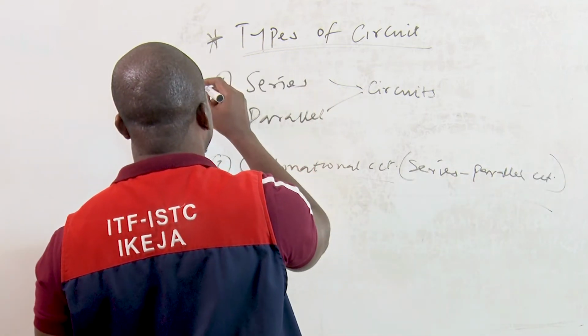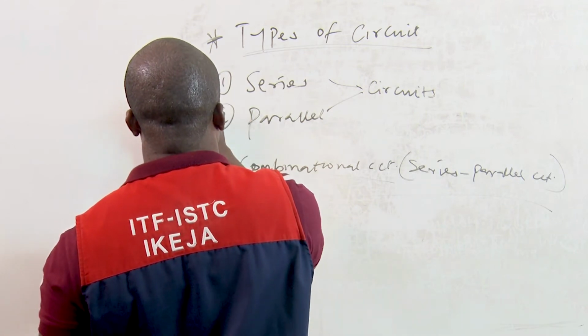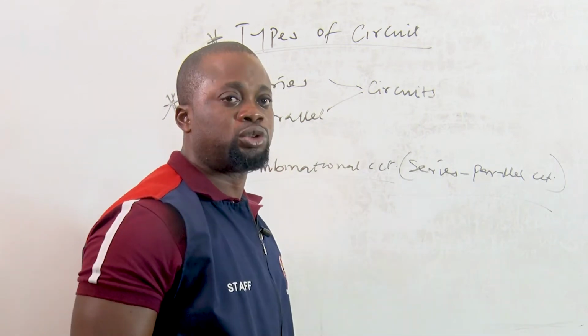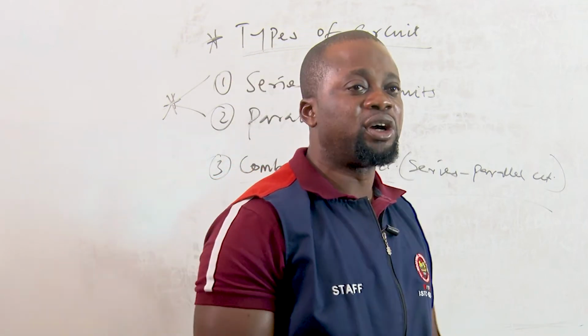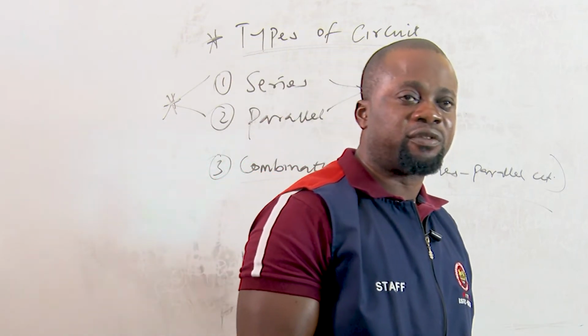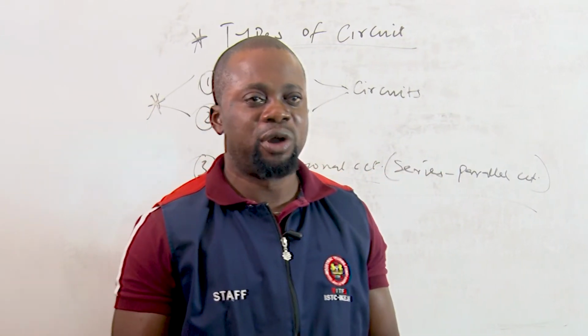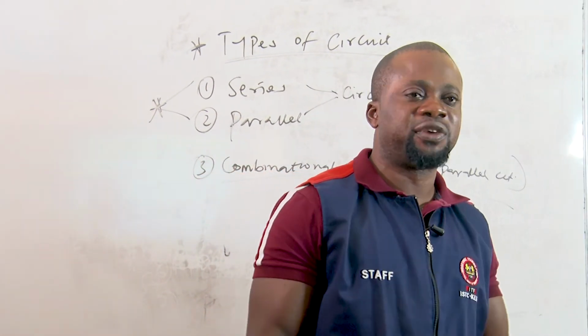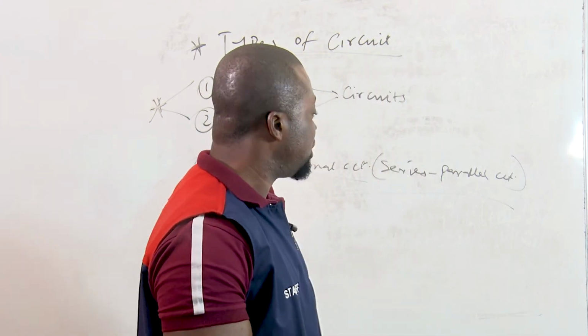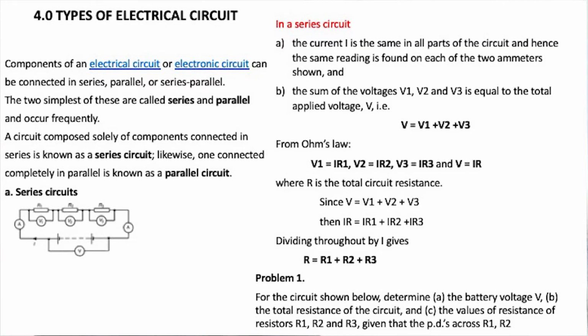But basically, like I said, two types of circuits. And of course, a circuit composed solely of components connected in series is known as a series circuit. While one connected completely in parallel is referred to as a parallel circuit.